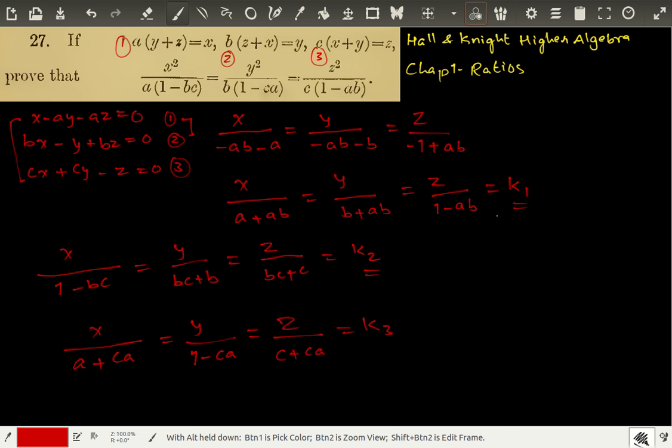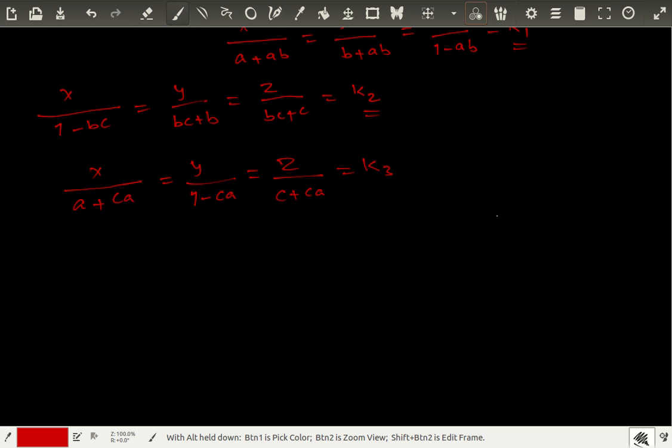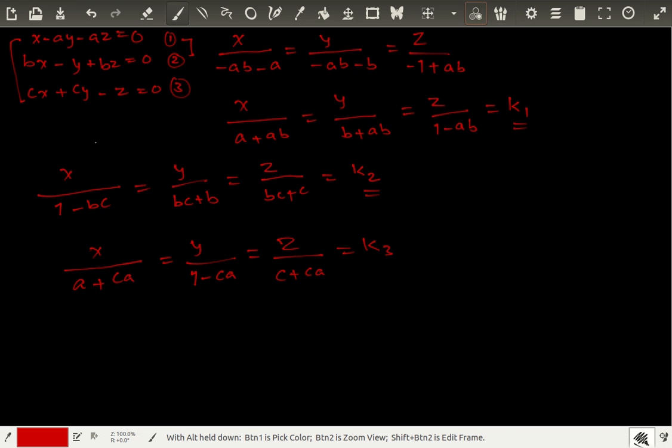If we multiply K2 and K1, what we get is K1 is x over a plus ab, which we can write as a times (1 plus b), and we multiply K2, which is x over 1 minus bc.